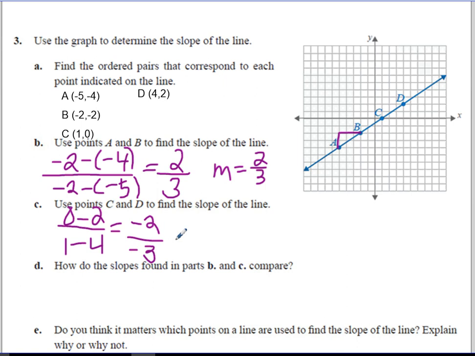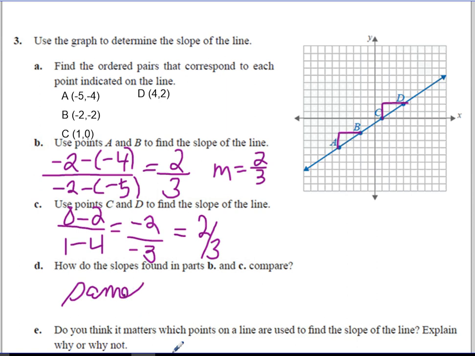A negative divided by negative is a positive. But we will leave it in fraction form and just simplify it by taking out the 2 negatives. So again, that's telling us to get from point C to point D, we're going up 2 boxes and right 3. So we can see that they are the same slope, which makes sense because they're from the same line.